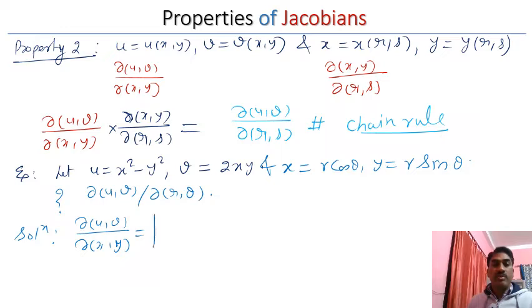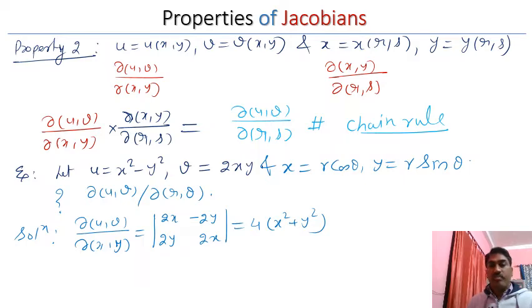So we know this is del u by del x means 2x, del u by del y means minus 2y, del v by del x means 2y, and del v by del y means 2x. So you can take 2 common from each row, so it is 4 times x square plus y square. So this is our Jacobian of uv with respect to xy.